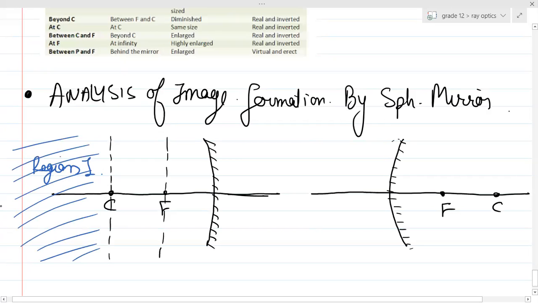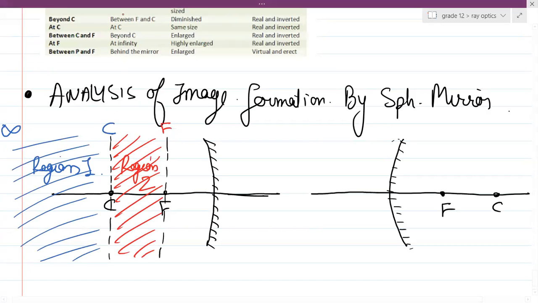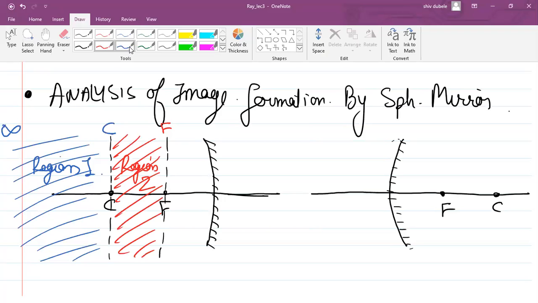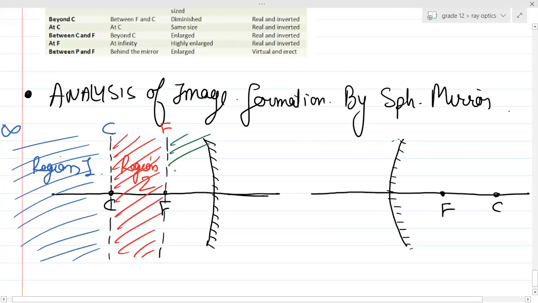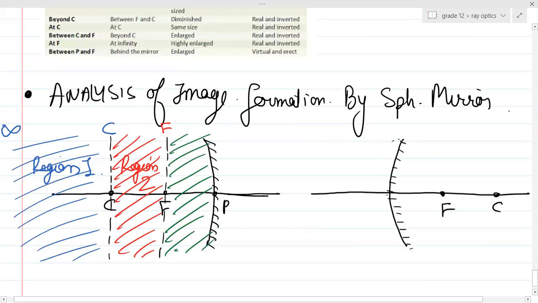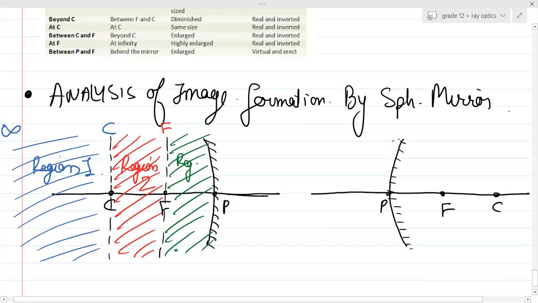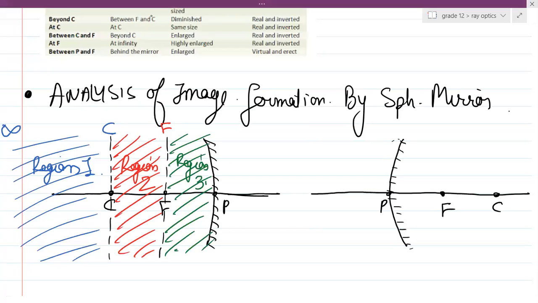This is region number 1, which is between infinity and C. The second region is between C and F. The third region, can you see, guys? थोड़ा बताते रहना, बीच बीच में कहीं पे गायब हो जाओ तो फिर tell me. So this is your region number 3.